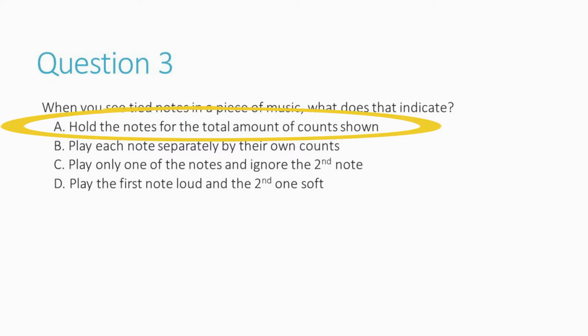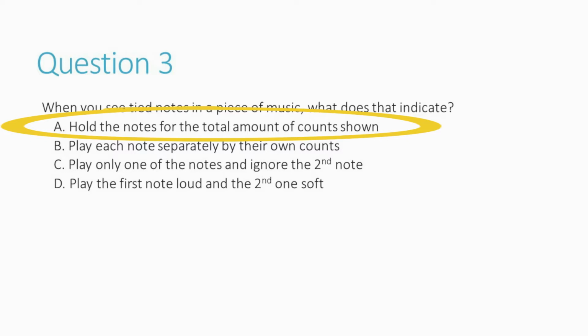In Lesson 8, we talked about tied notes. And the definition of a tied note is two notes held together by a curved line at the bottom. And this means we do not play the notes separately, but instead hold the note for the total amount of counts.